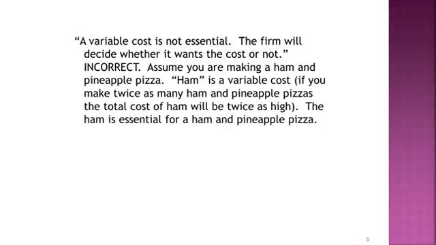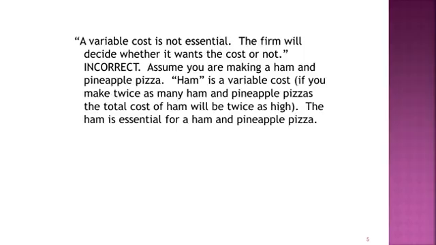A third misconception is that a variable cost is not essential, and the firm will decide whether it wants the cost or not. That's incorrect. Assume we're making a ham and pineapple pizza. Ham is a variable cost. If you make twice as many ham and pineapple pizzas, the total cost of the ham will be twice as high. And the ham is an essential part of a ham and pineapple pizza. Without the ham, it would just be a pineapple pizza.